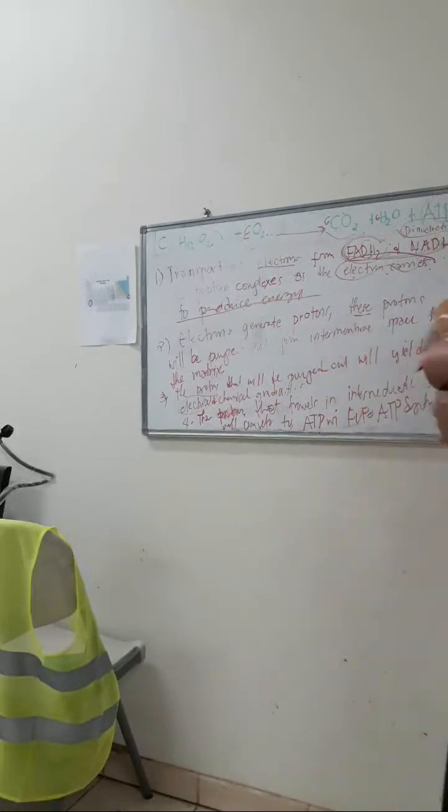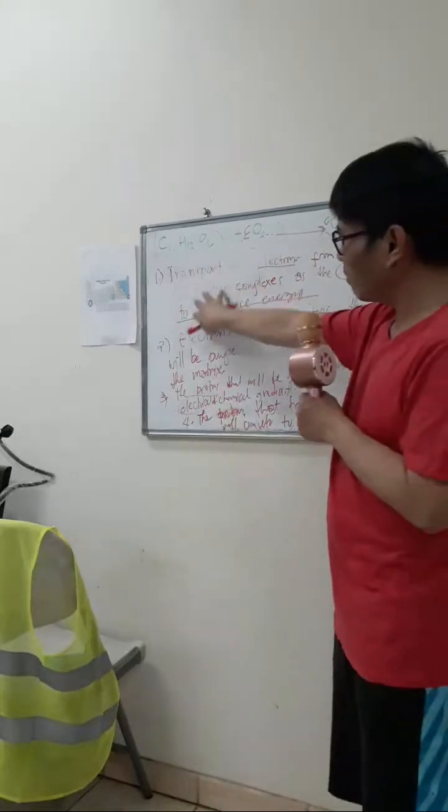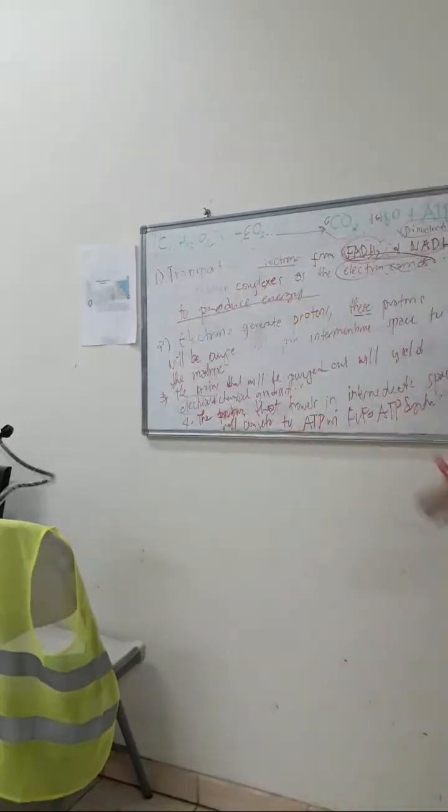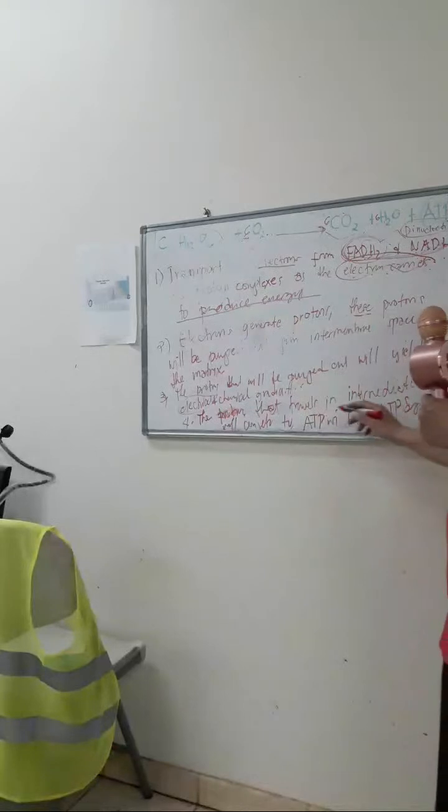So it needs an enzyme to produce ATP in the last stage. There are actually also intermediate enzymes here, but I did not discuss them because that is not the main point. The main point is that in the last stage this enzyme is very useful: F1, F0 ATP synthase.